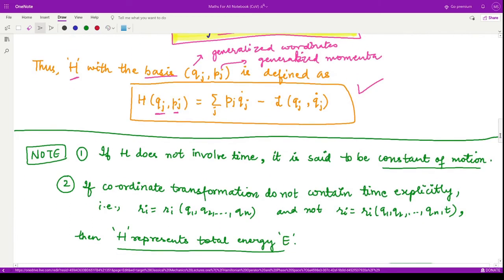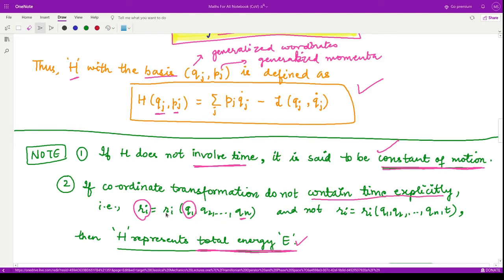Here, sometimes H is known as the constant of motion, and sometimes H is known to represent the total energy of the system. In some cases this is the case, and in some cases that is the case. H is a constant of motion when it does not involve time, and it is the total energy when the coordinate transformation, that means previously you had ri as your coordinates and now you have converted to q1, q2 up to qn, the generalized coordinates, does not contain time explicitly.